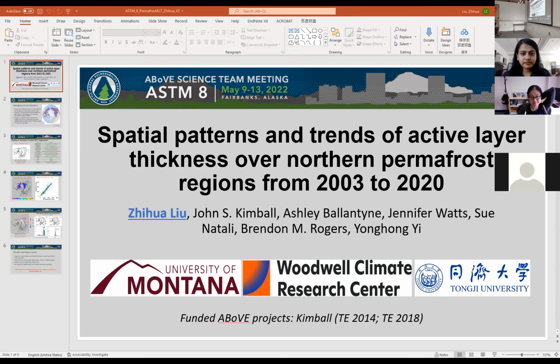So our objective for this study is to produce an observational-based gridded ALT dataset and to understand the spatial pattern and the trends of ALT from 2003 to 2020 over the northern permafrost regions. Our study area includes the circumpolar permafrost region and the Tibetan Plateau.